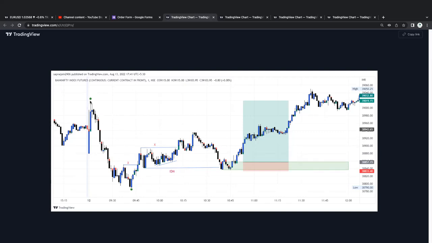If you are marking various structure like here and here, structure break. So this is your inducement, correct? But same thing, if your structure is bullish here, like this, this can be your inducement and it goes higher high and the market takes out the first low, which is here. And this is also inducement, correct? And this could be your engineering liquidity if the market is bullish, and then market taps here and goes higher.